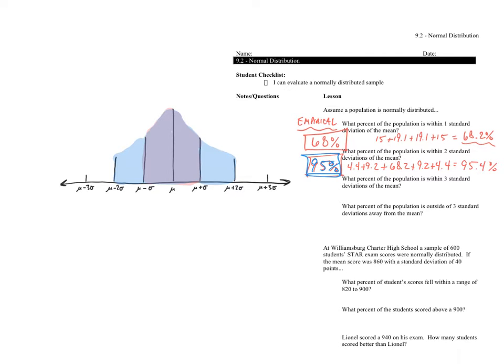So we've got this 68 in the middle, and that's just between, we could say, these hash marks, between one standard deviation in either direction. Then we've got this 95% of our data, which includes that 68, but also includes more data than that, out to our 2 above and 2 below the mean.